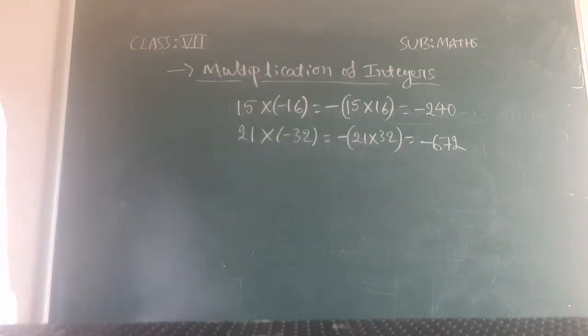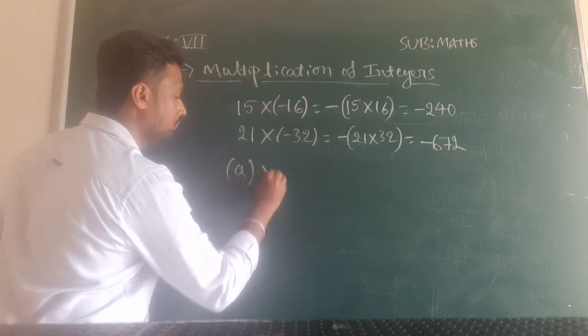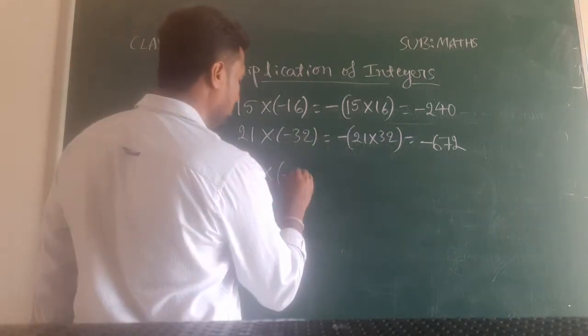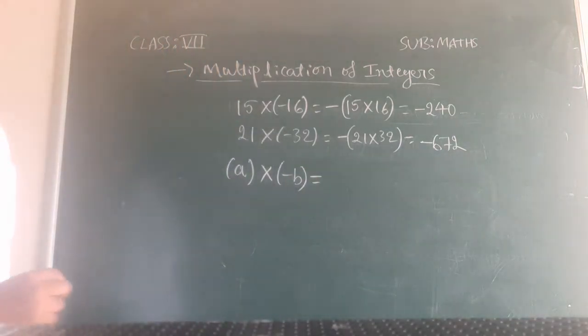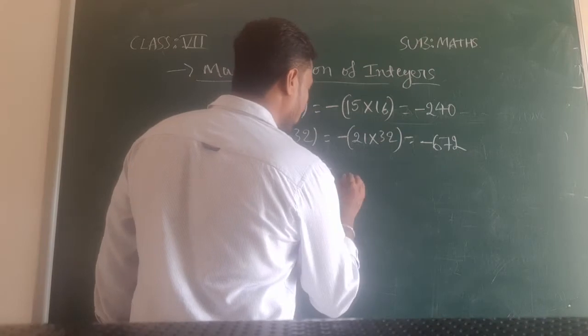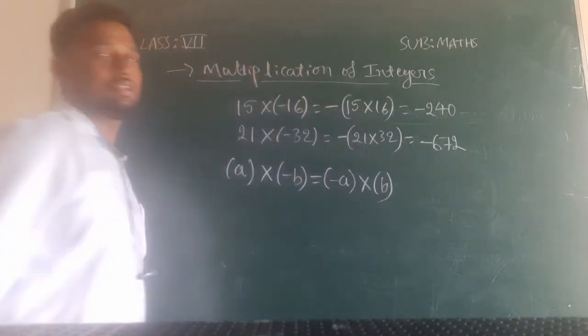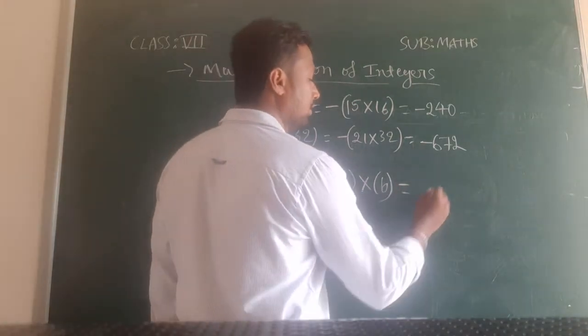Now we will see the generalized form, that is a into minus b equals minus a into b. How can we write it?